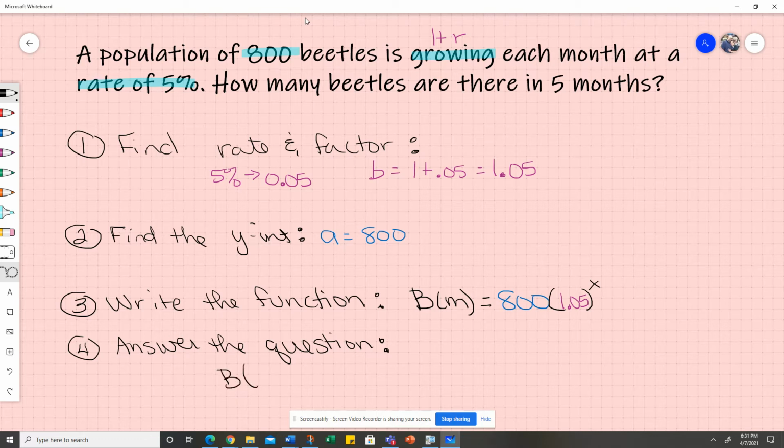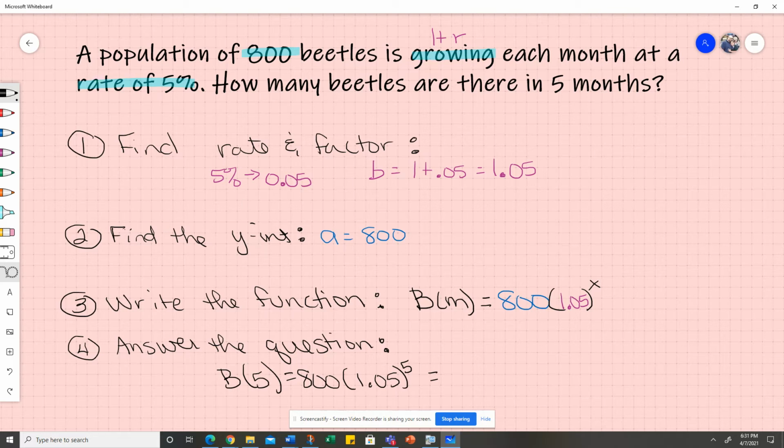So B of 5 is 800 times 1.05 to the 5th power. If you can't do this math in your head, don't worry. Nobody expects you to. You could just use a calculator.